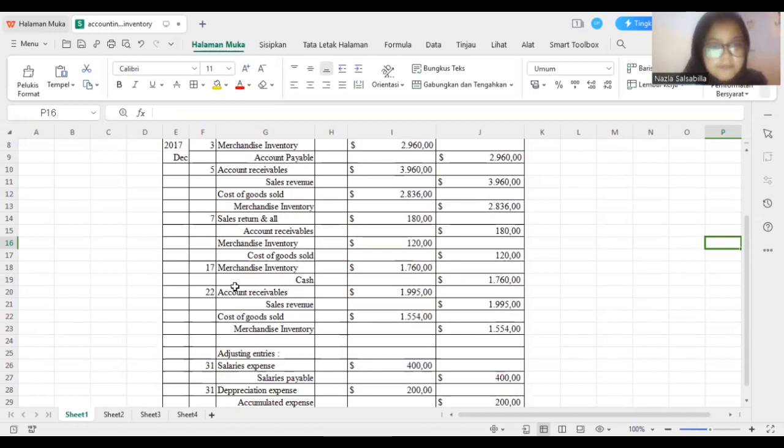And the journals are receivable $1,995 on debit and sales revenue $1,995 on credit. Cost of goods sold $1,554 on debit side, and merchandise inventory $1,554 on credit.